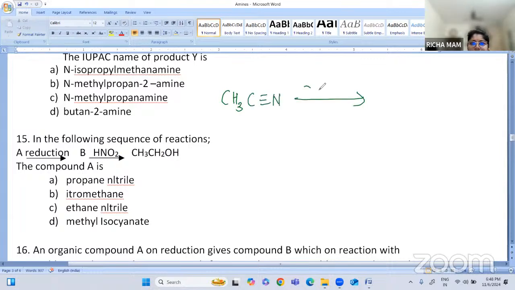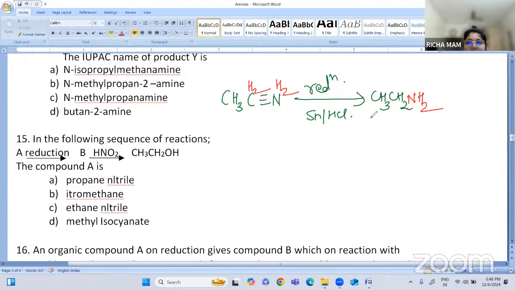If you do reduction, I'm going to use Sn/HCl. So what I'm going to get? I'm going to get CH3, CH2. Hydrogen will be added across this triple bond, I'll show you with another color. So I'm going to get CH3, CH2, and H2.